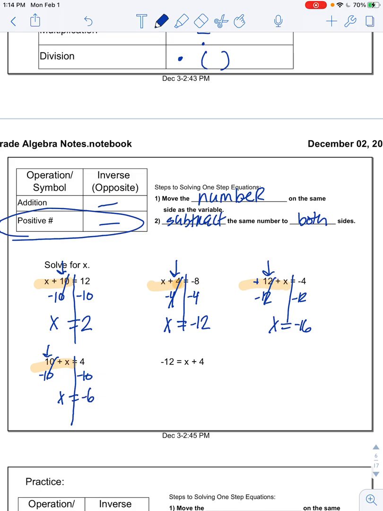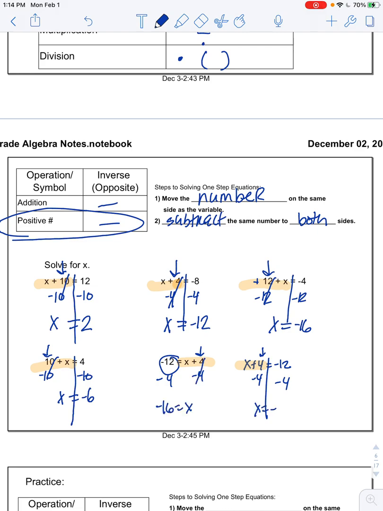Then we have negative 12 equals x plus 4. This one's a little tricky because that negative 12 is on the left side, but we could rewrite it: x plus 4 equals negative 12. Find the side with the variable. Find the number without the variable. Either way it is a plus 4, so we are moving it by subtracting 4.